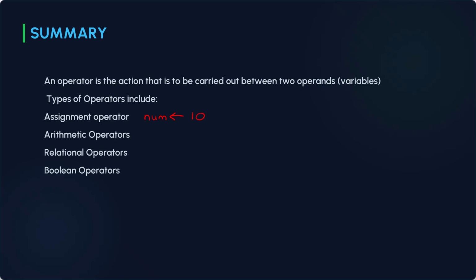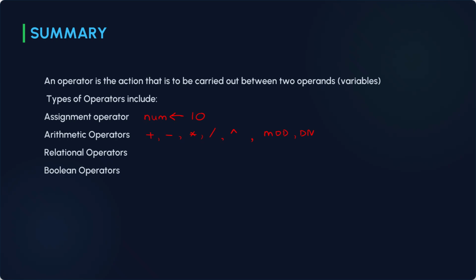The next are the arithmetic operators, which include plus, minus, multiply, divide, power, mod, and div, where mod and div both give whole number values. Div is the quotient of the division, whereas mod is the remainder.